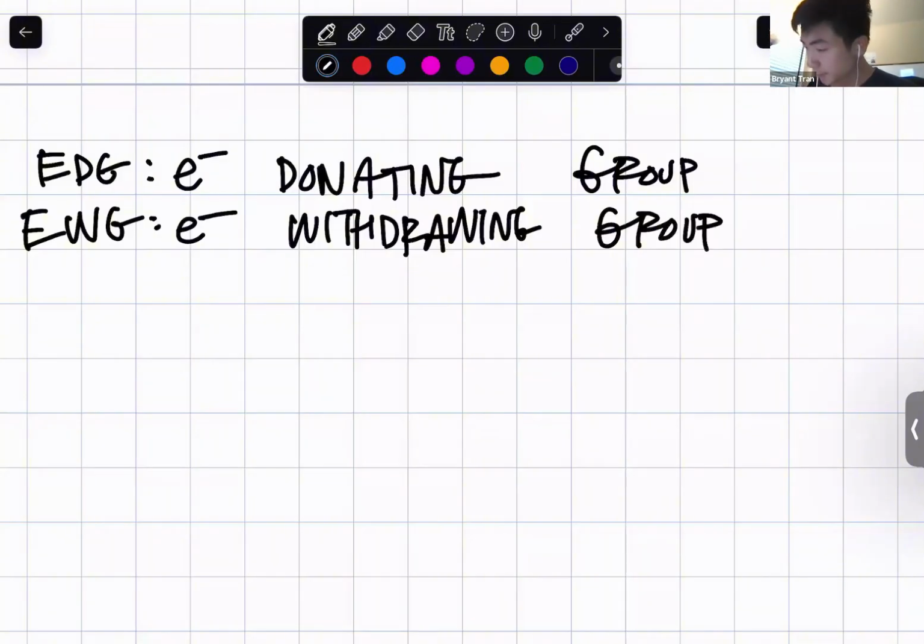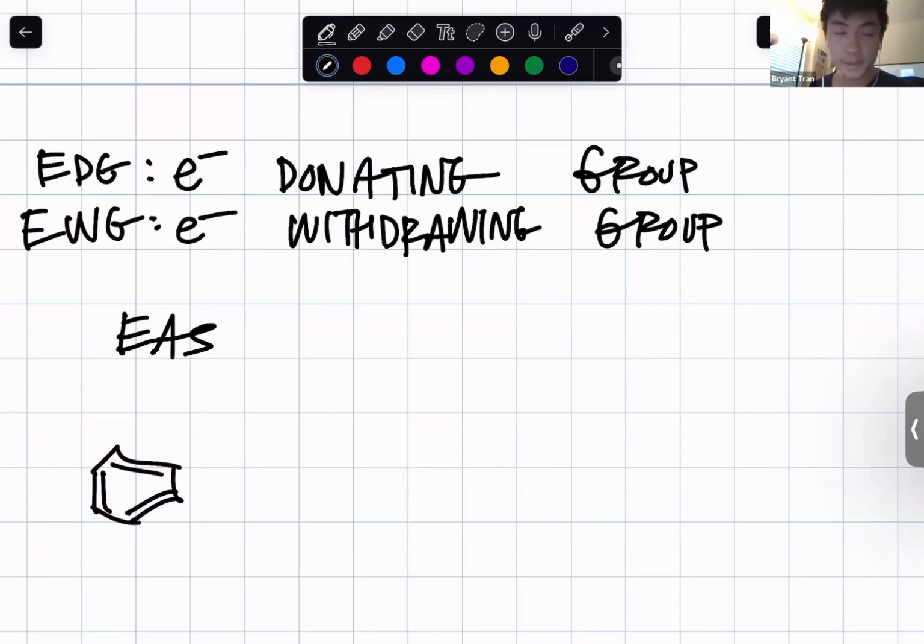Right? So if we think about the EAS mechanism here, was benzene the nucleophile or electrophile for the mechanism? Nucleophile. Yep.